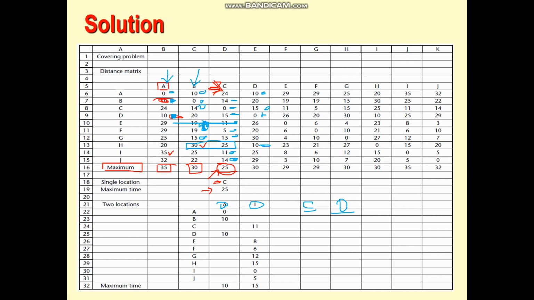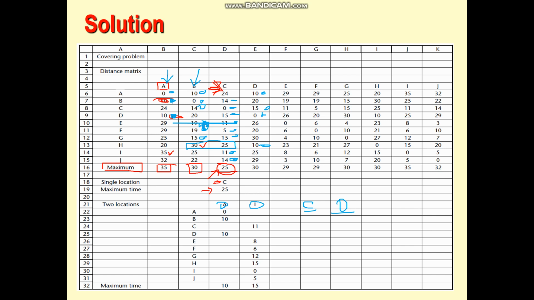But if you can see several pairs, you can list them all out and tell me which one you prefer and the reason why. For example, here A and I also satisfy the requirement, and C and D also satisfy the requirement.